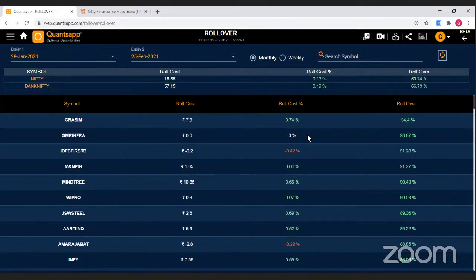If it is positive, you are going to pay a small difference to roll over, and if it is negative then you will be receiving it, because suppose a 100 future is running now, and for the next month the future contract is trading at 99. So you will be getting 1 rupee by rolling over. So this is what a rollover is and the rollover cost.